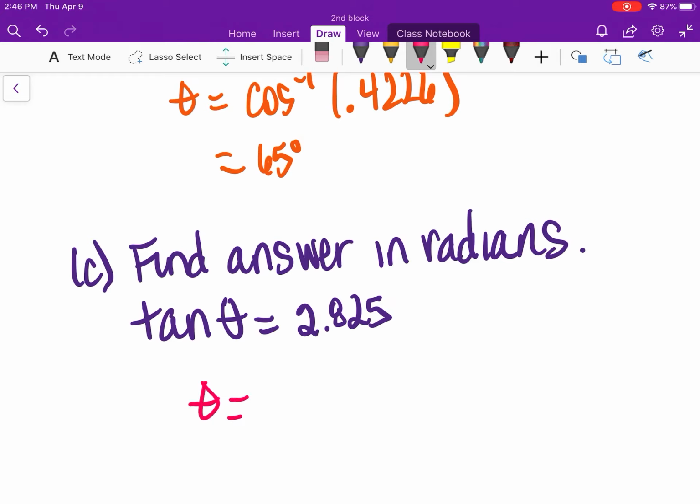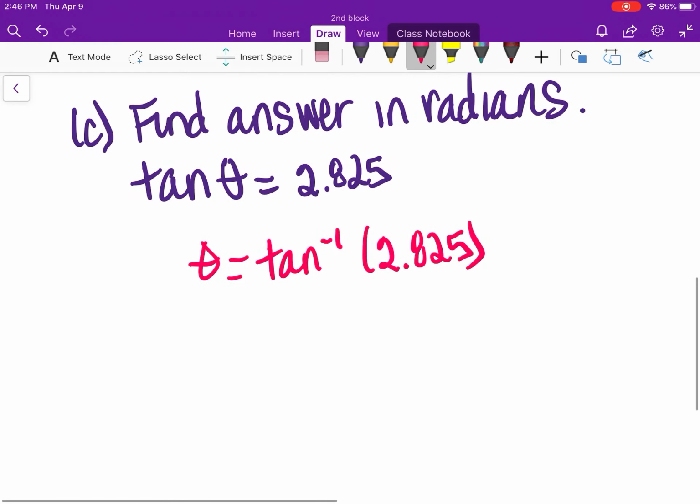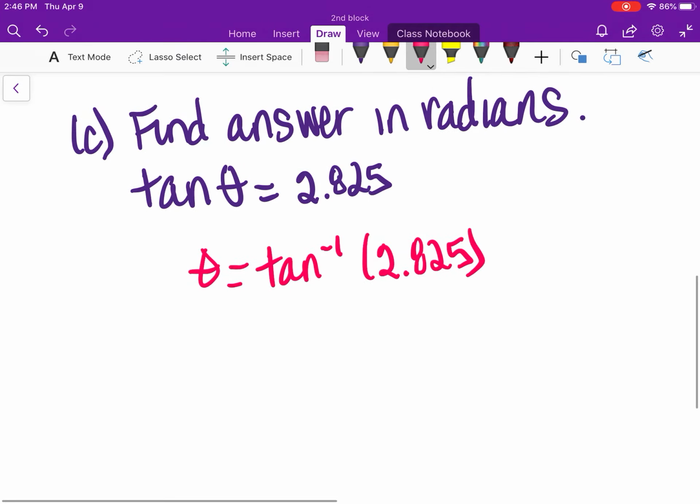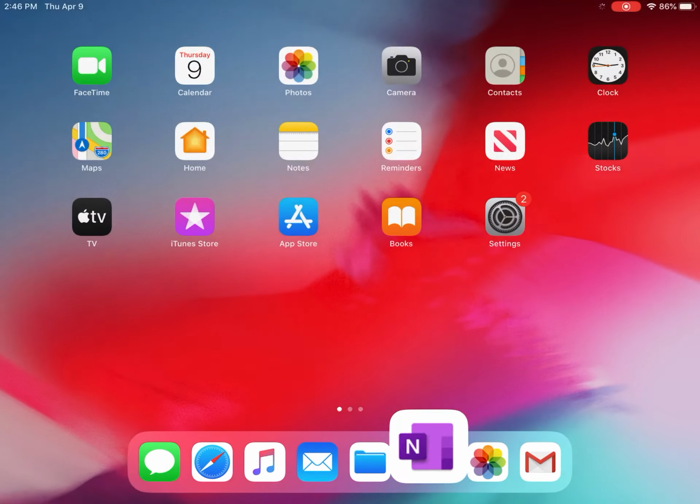Same idea: to get theta by itself, we move tangent over so it becomes inverse tangent. But when we go to our calculator, this time we need to change our mode from degrees to radians.